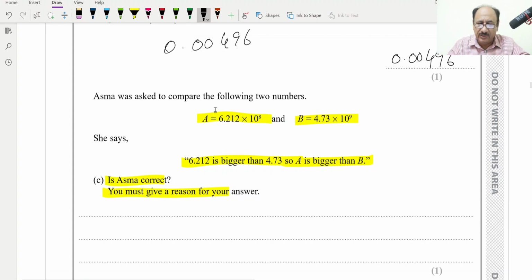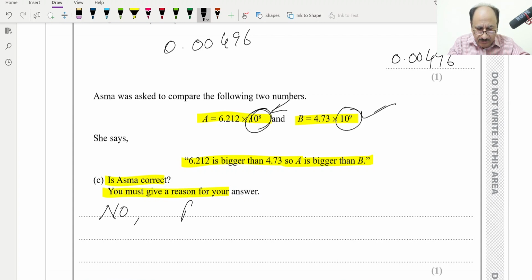When we are comparing numbers in scientific form, first of all we compare the powers of 10. In B it is 10 raised to the power 9, so B is bigger, as we can see 10 raised to the power 9, whereas A has 10 raised to the power 8. So our answer will be no, and the reason will be B is bigger.